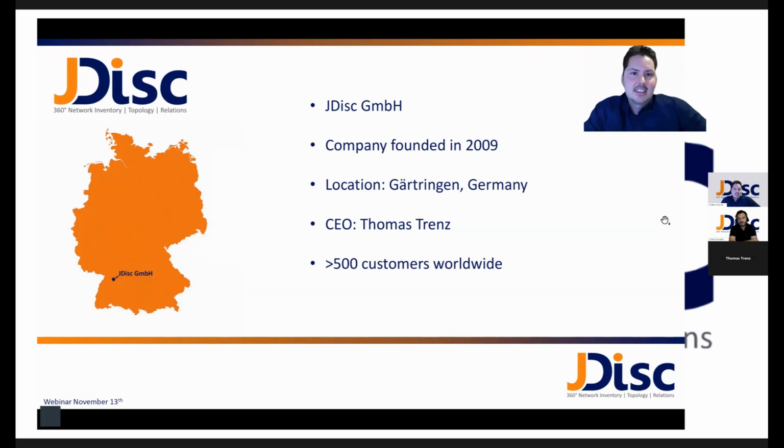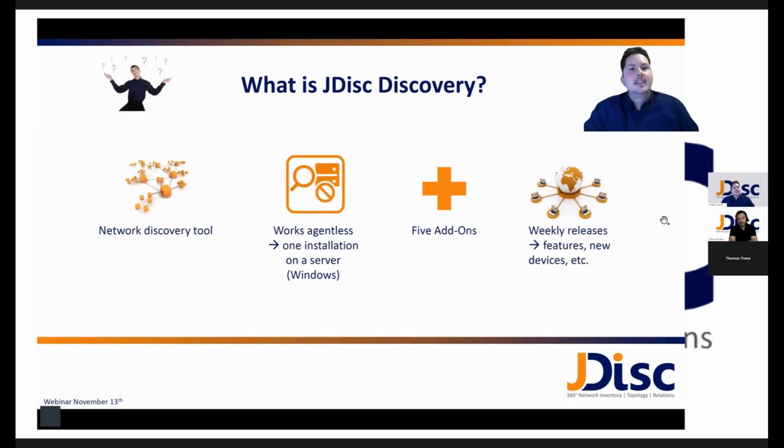So, what is JDisc Discovery? For those who are not familiar with it, it's an IT network discovery tool. You can scan the whole IT environment with it, and it works agentless. That means you just install it on one server, and from this server, you can scan your whole environment, and JDisc collects all the data through the protocols.